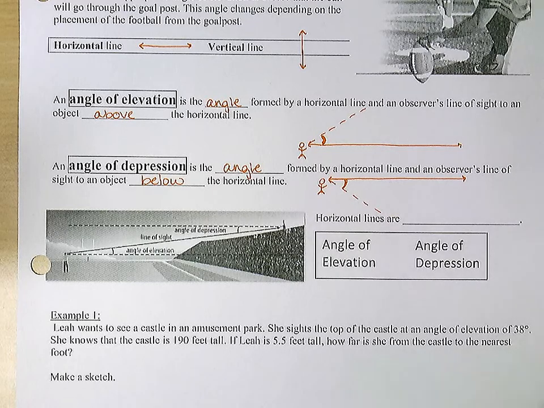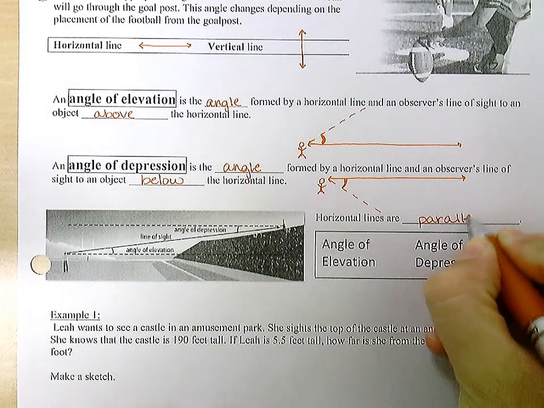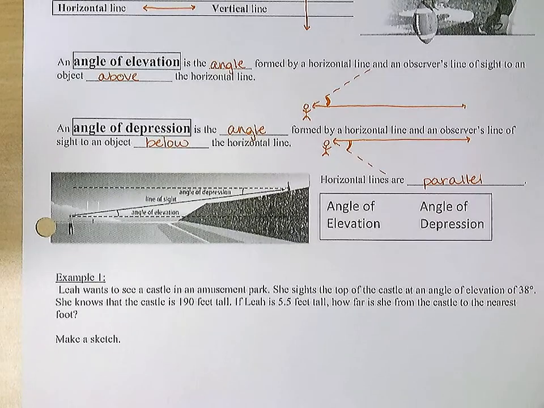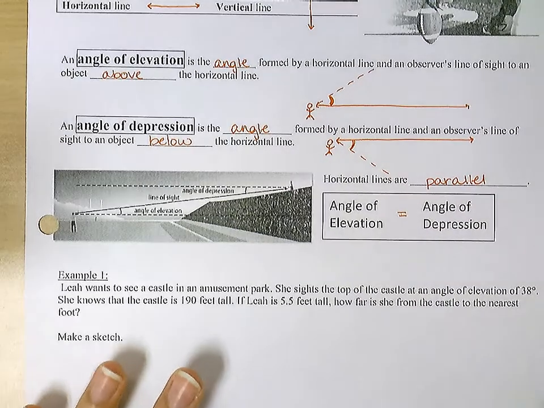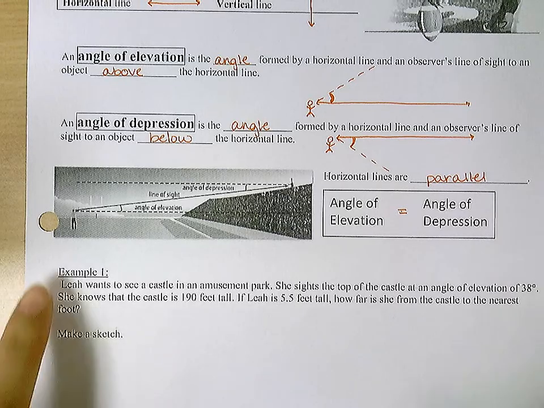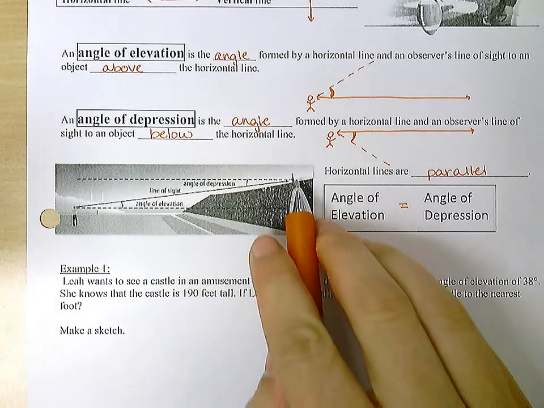All right, so horizontal lines are parallel, meaning your angle of elevation will be equal to your angle of depression. They're going to be the same measure. If I look at my picture to the left here, these are two people.